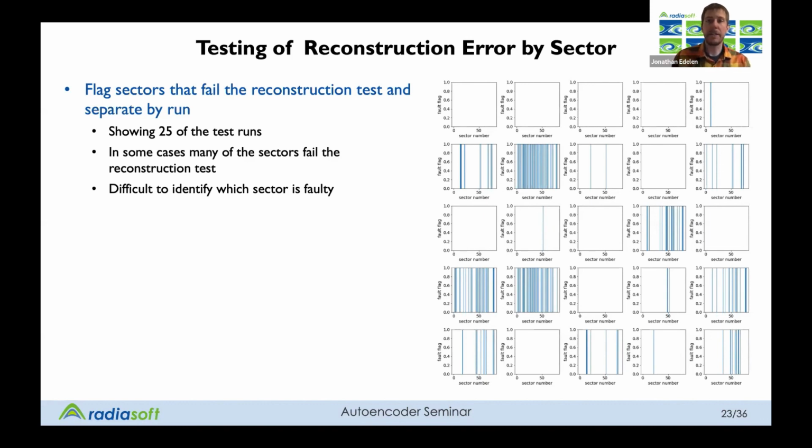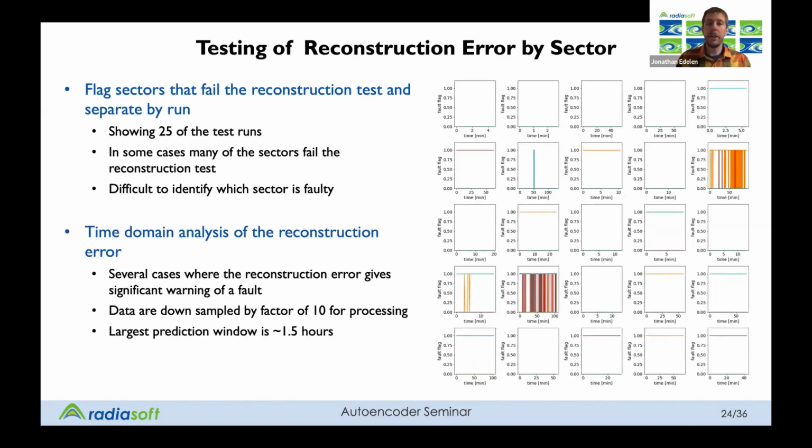So it makes it difficult to say that, using this specific technique, identifying which sector is going to fail is going to be very challenging. But there are other things that we can do. You don't need to look at RMS reconstruction error. You can look at a few different things, and there's work to be done in this area, but it's certainly heading in the right direction.